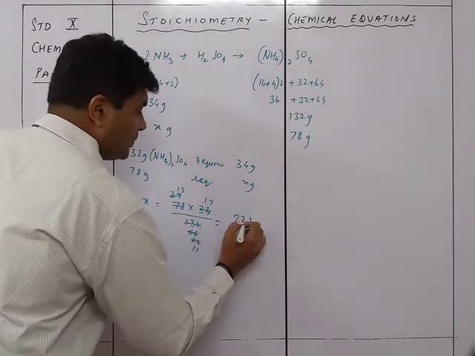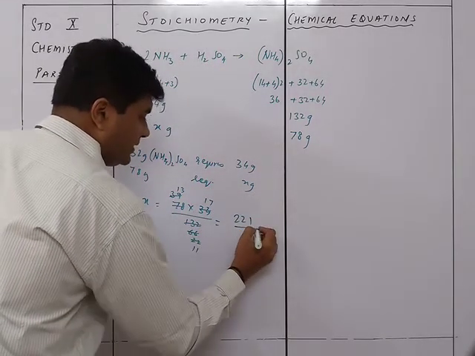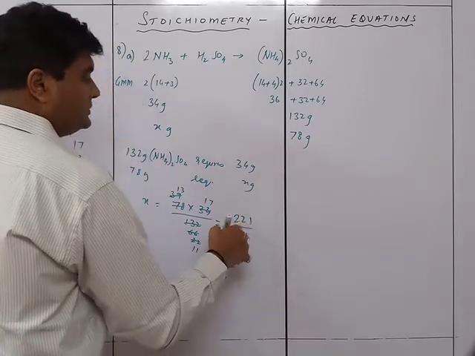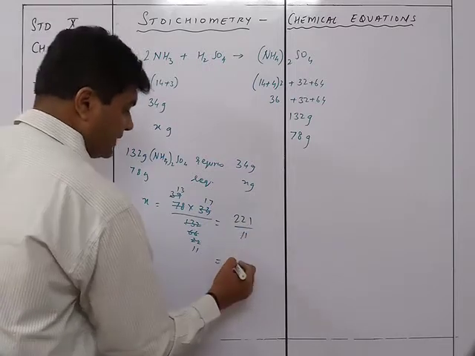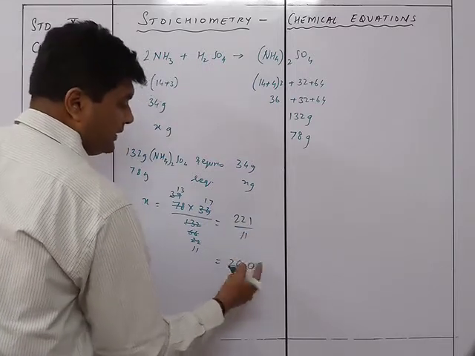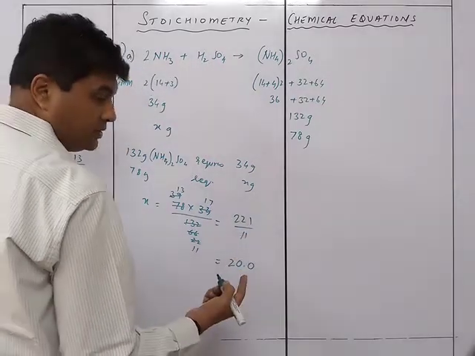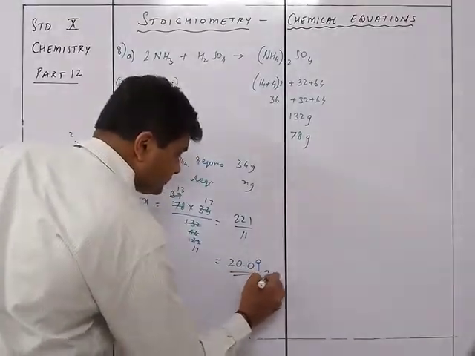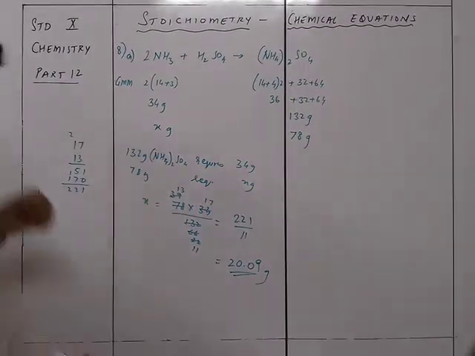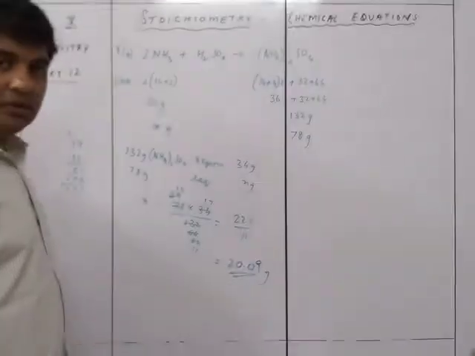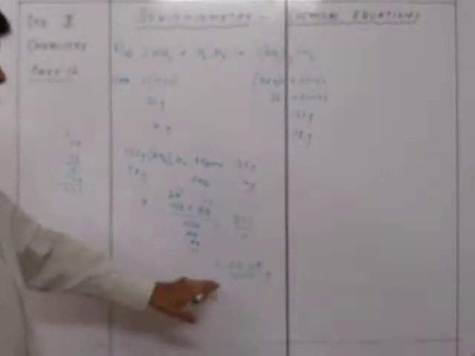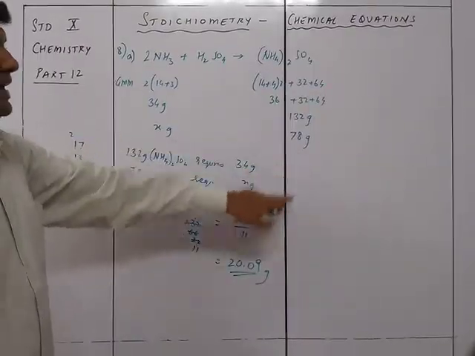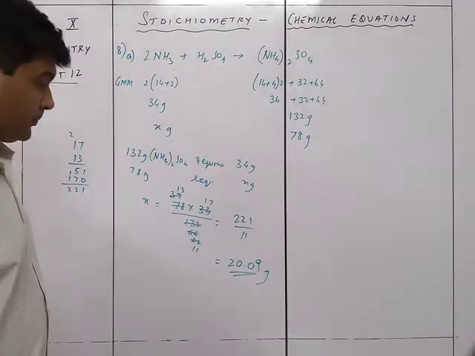So 221 upon 11, that will be equal to 20.09 grams. That's the first answer. Okay, so you require 20.09 grams of ammonia to give you 78 grams of ammonium sulfate.